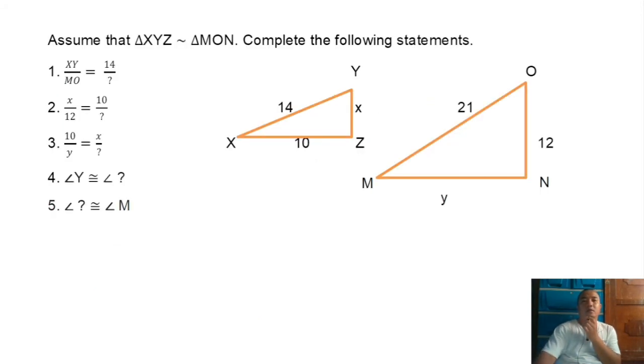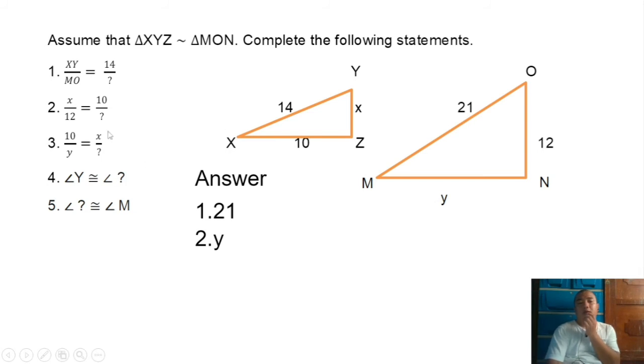Next, assume that triangle XYZ is similar to triangle MON. Let us complete the following statements. For number 1, XY over MO is equal to 14 over what? 21. Correct. They are corresponding sides. Next, X over 12 is equal to 10 over Y. That's correct. 10 and Y are corresponding sides.